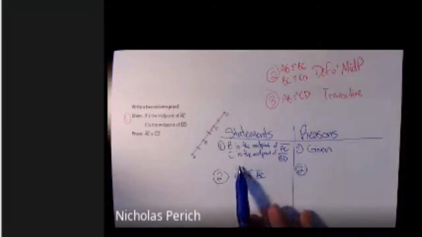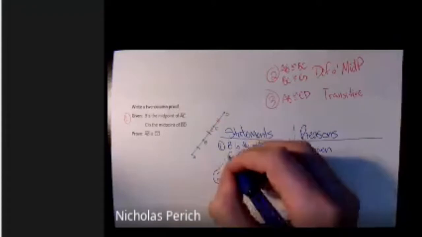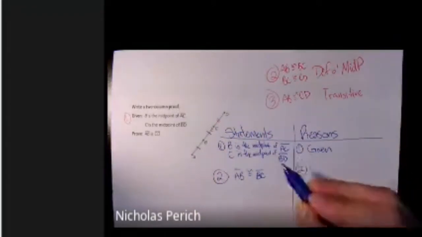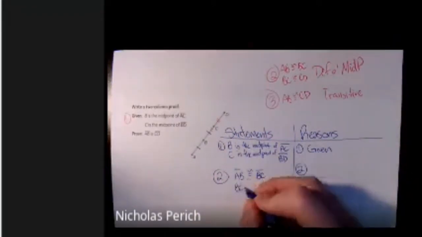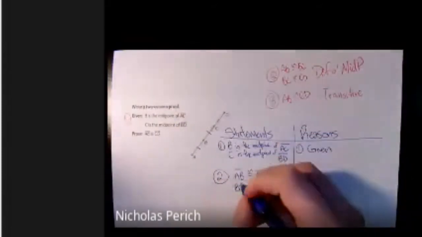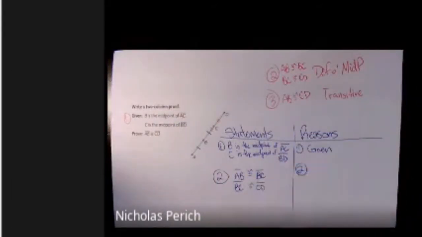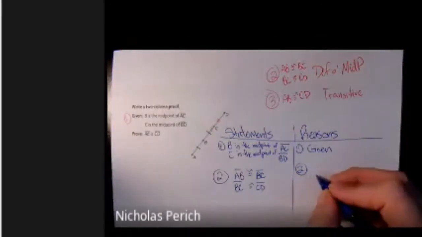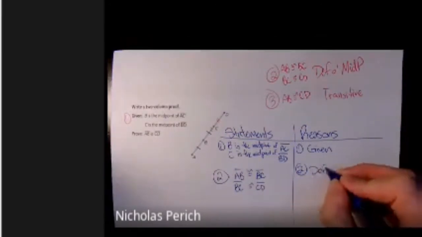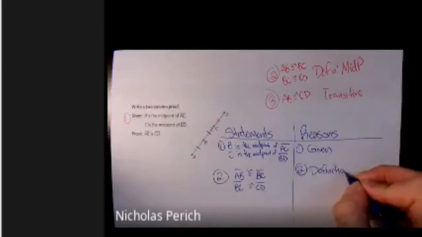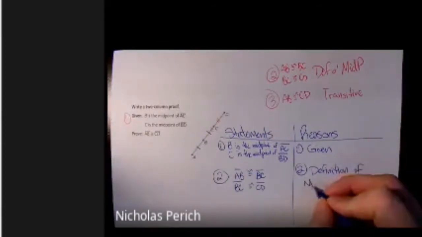Also, since C is the middle of BD, then C is going to live right in between B and D. So without even looking at what I wrote up here and without looking at a picture, I could say BC is congruent to CD. And that, boys and girls, is the definition of midpoint.